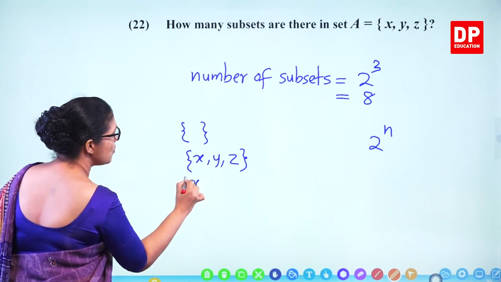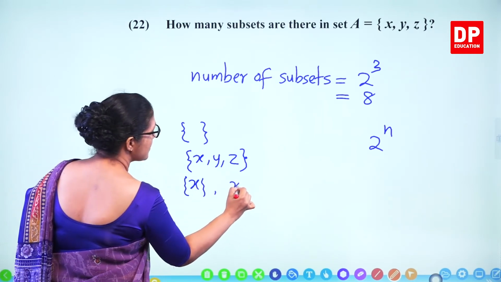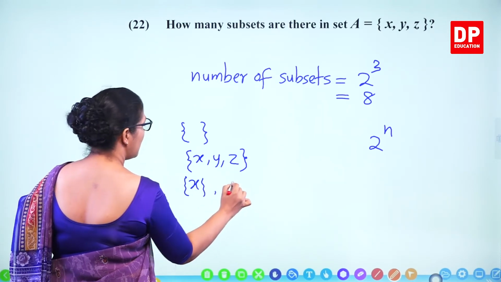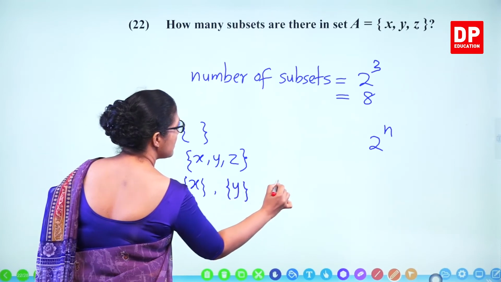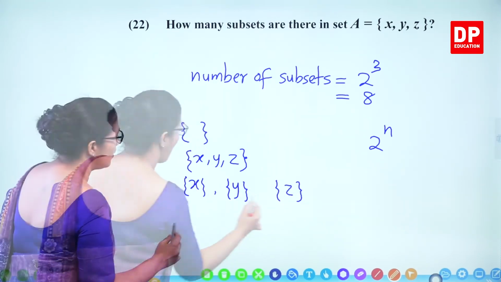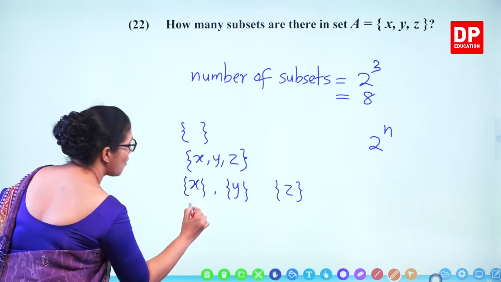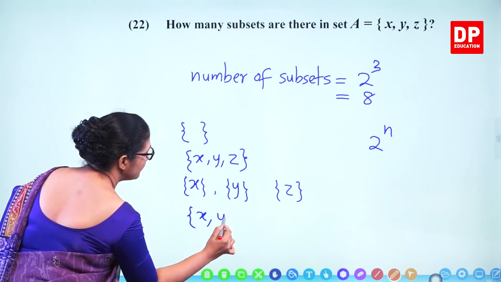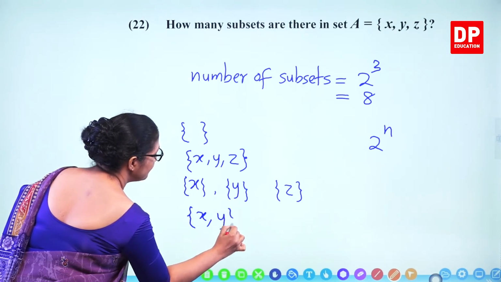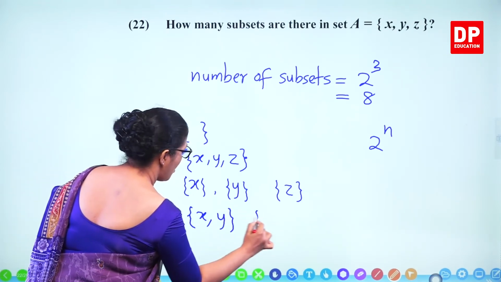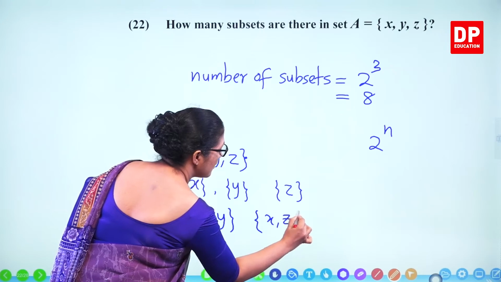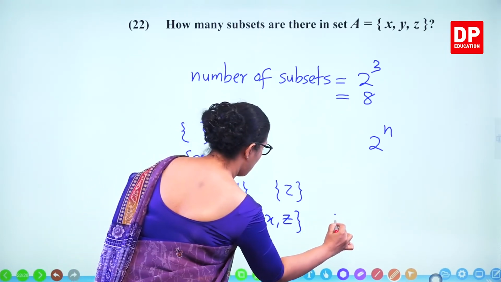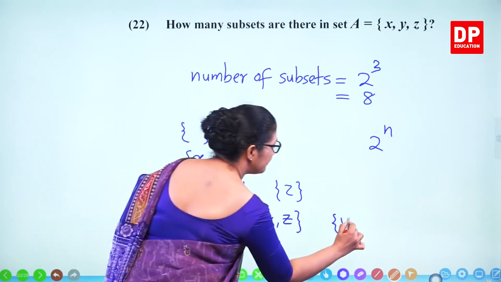You get the individual ones: X, Y, Z. Or you can take 2 at a time: X, Y, or XZ, or YZ.